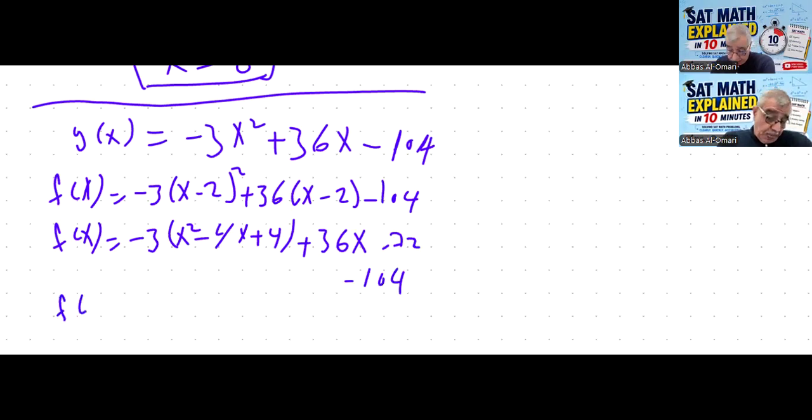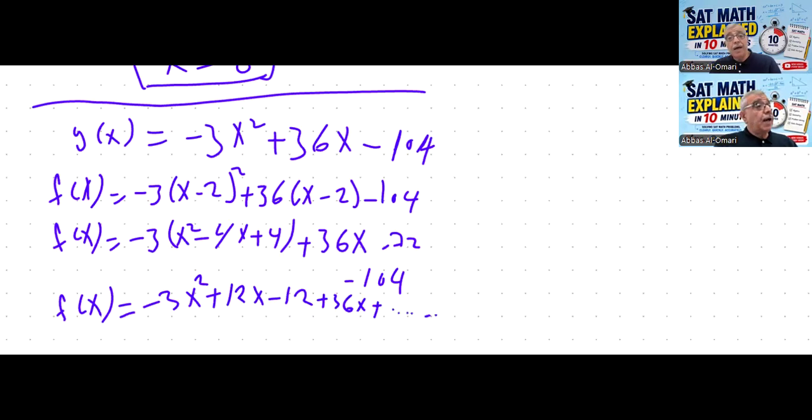If we simplify, we get that f of x equals minus 3x squared plus 12x minus 12 plus 36x plus the constants.